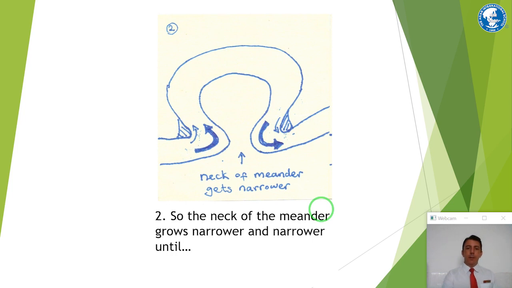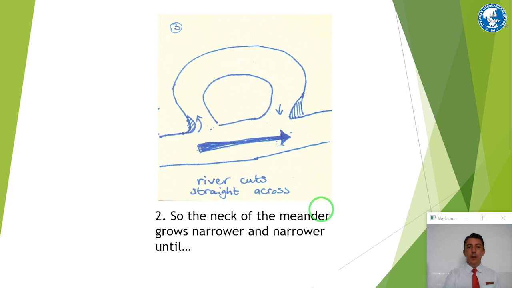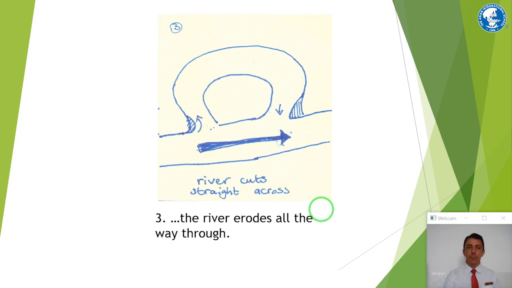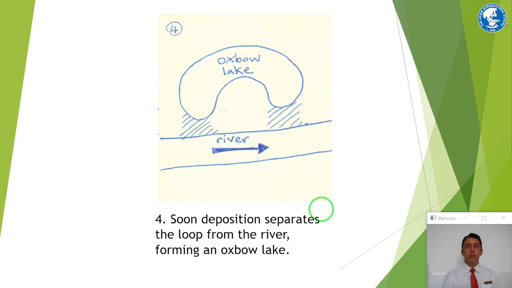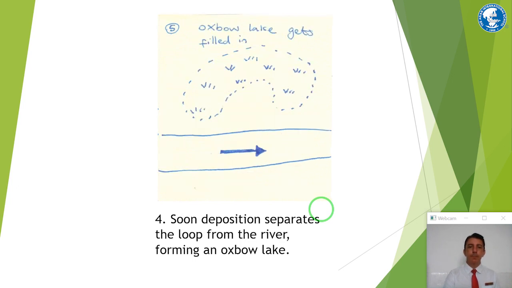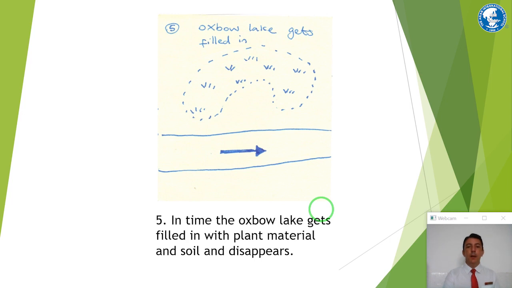So the neck of the meander grows narrower and narrower until the river cuts straight across. Soon, deposition separates the loop from the river, forming the oxbow lake. In time, the oxbow lake gets filled in with plant material and soil and disappears.